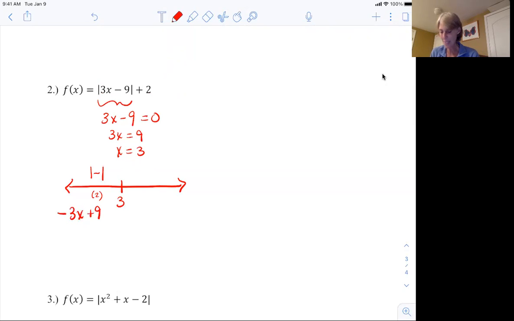But now I have to attach that plus 2 at the end, because that's how I'm going to finish my problem. So this becomes negative 3x plus 11. If I was writing this function, I'll do it one step at a time this time. Negative 3x plus 11 when x is less than, we'll attach the 3, or equal to 3.